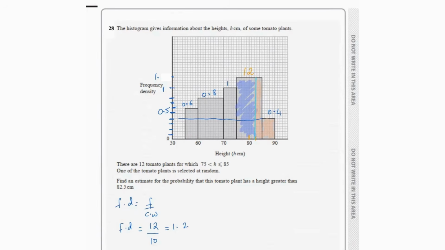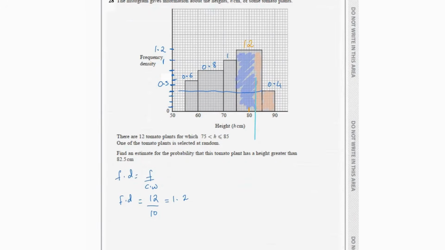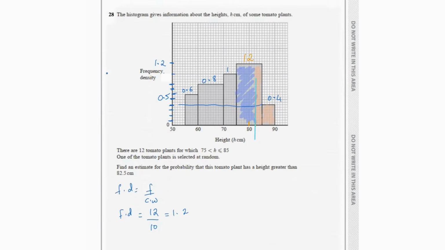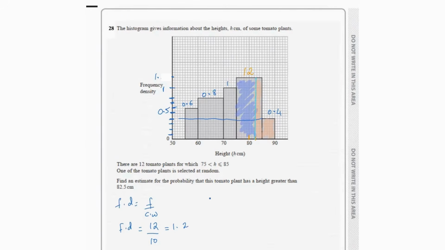Now we find the frequencies. So for the first bar, it's going to be 0.6 times the class interval, 55 to 60, that's 5. That gives us 3.